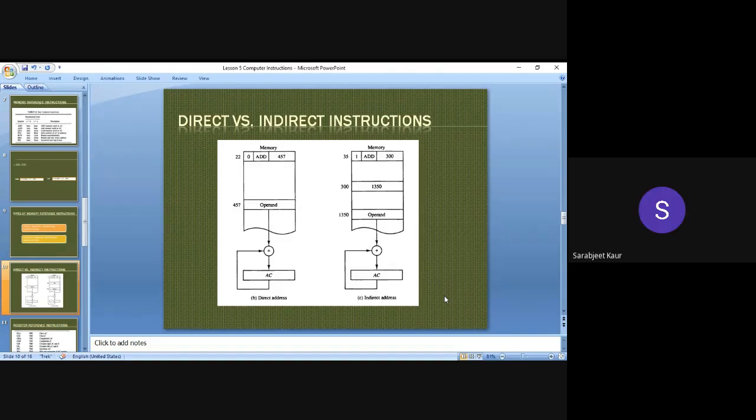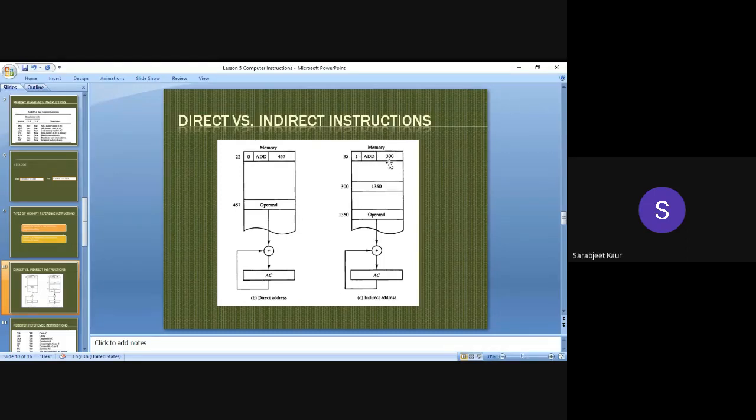Now, what is an indirect instruction? This kind of instruction is known as a direct instruction. In the indirect instruction, it is the same except for the mode bit, which I am going to be talking about in a minute.